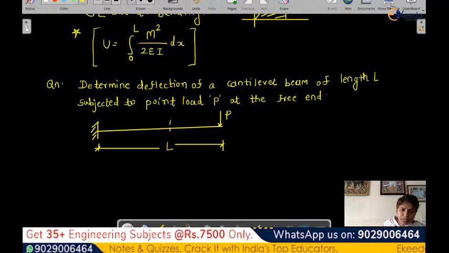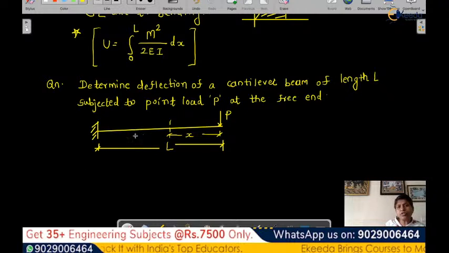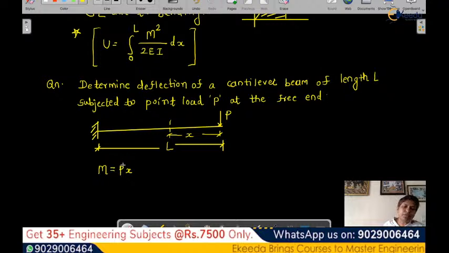Let's consider any section at a distance x from here. The moment equation will be M equals load into perpendicular distance, so M equals P into x. That is the moment equation. Once you get it, simply substitute it into this equation and we will arrive at the final deflection.